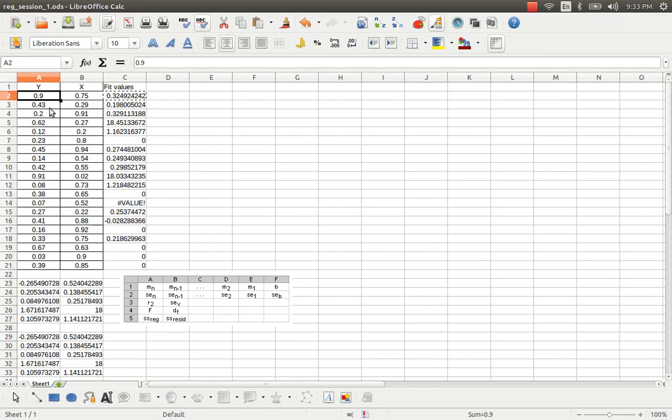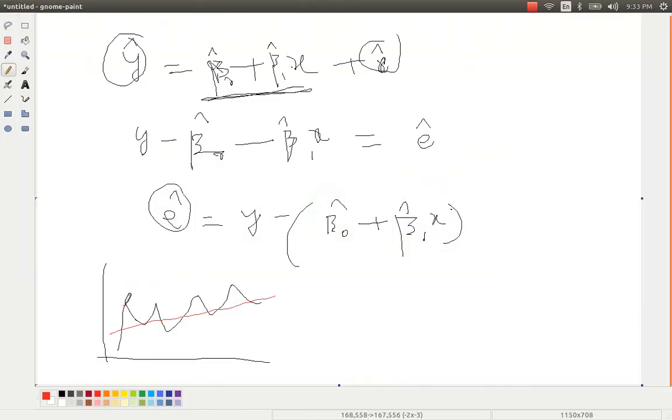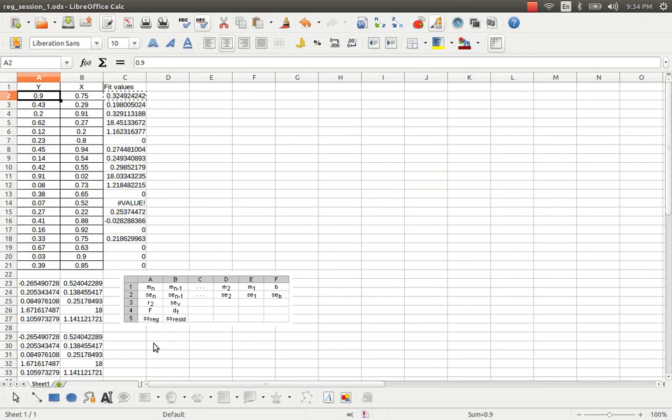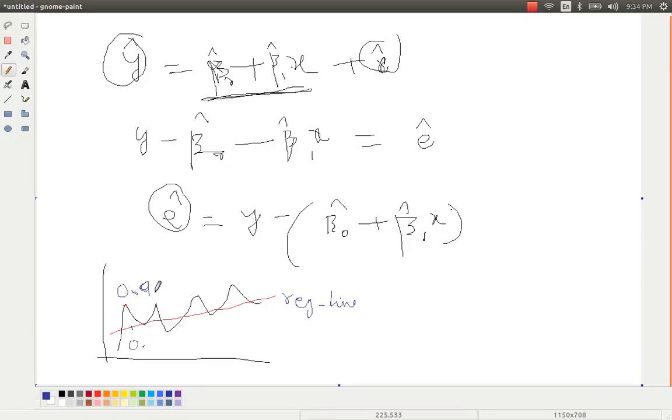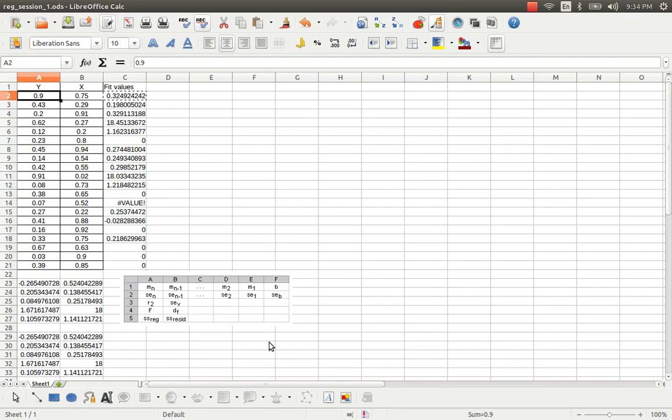Now let's say the actual value is 0.9 here, but the fit value, on the line of fit, the regression line, is going to be 0.3. The actual value is 0.9, but the fit value, which means the value that falls on the regression line, is only 0.3, so approximately we have 0.6. 0.6 is the residual, so there's a huge error.